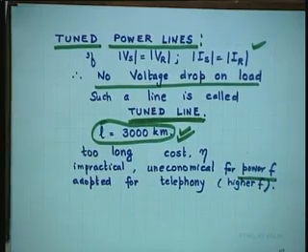Leave China and India and the former Soviet Union, or even Russia today, a big country. So, too long, too costly a proposition, even efficiency is a problem. So, it is impractical, uneconomical for power frequency. At power frequency, it is better not to have such tuned power lines.